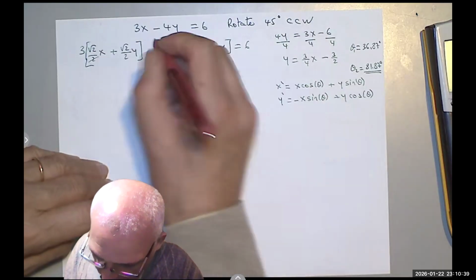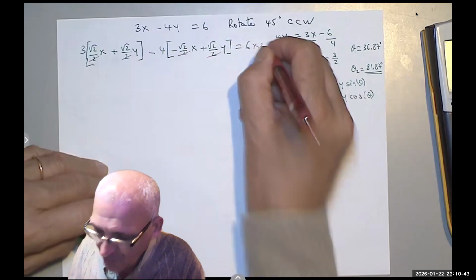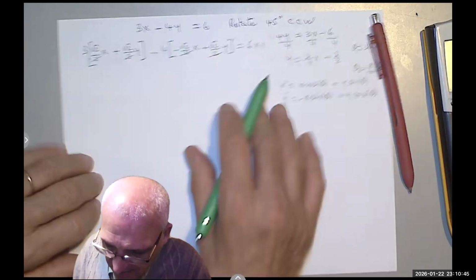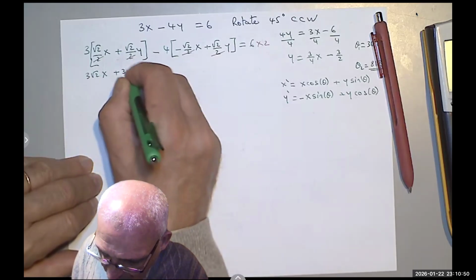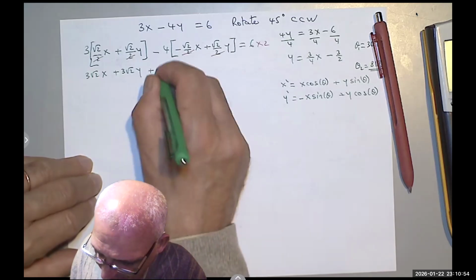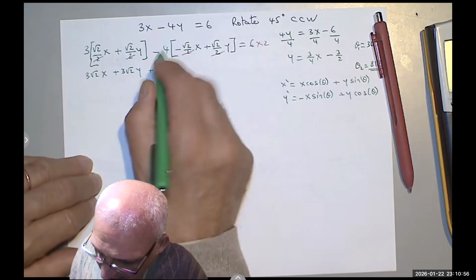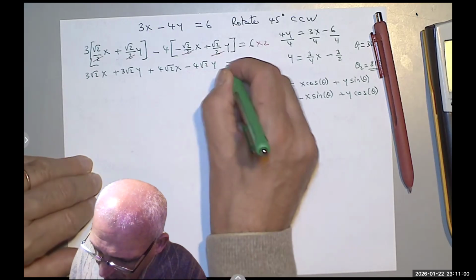So this goes away, this goes away, this goes away, this goes away. That becomes 12. And then expand. 3 root 2 x plus 3 root 2 y, negative times negative is positive 4 root 2 x, negative, so minus 4 root 2 y equals 12.